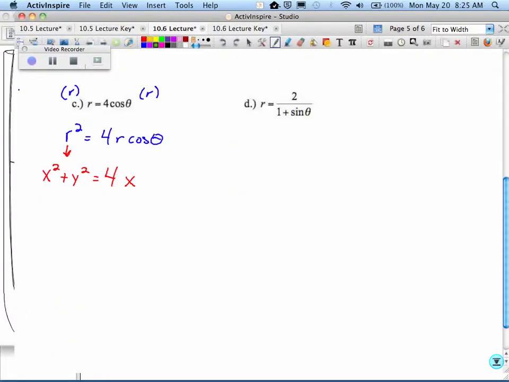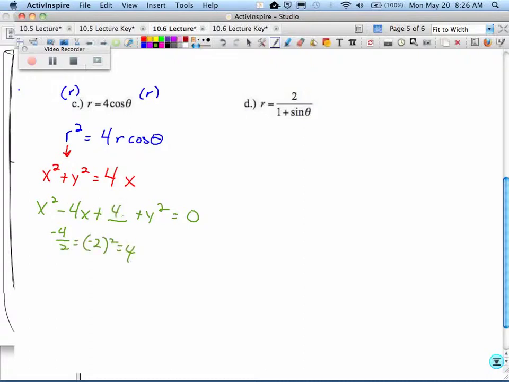So, I'm going to bring the 4x to this side. The negative 4, I take that, I divide by 2, I get negative 2. I square it, and I get 4. When I add 4 here, I add 4 over there. So my final answer is x minus 2 quantity squared plus y squared is equal to 4.